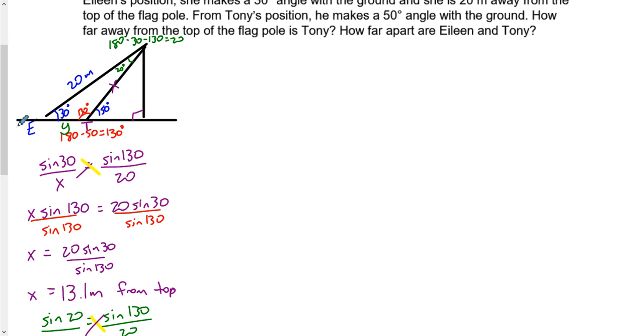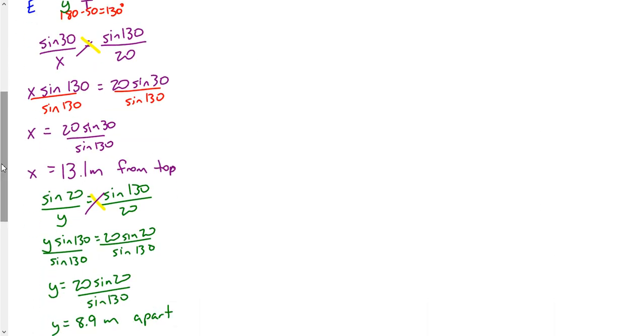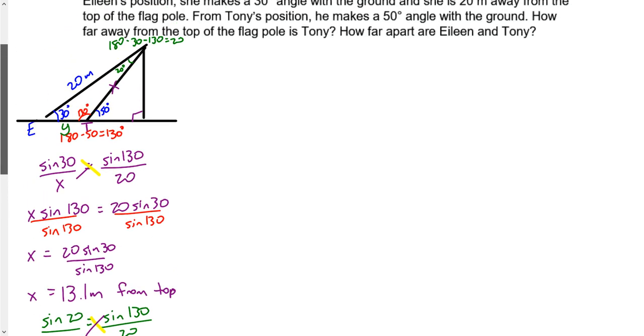So they're 8.9. So if Tony's 13.1 away and Eileen is 8.9 further than Tony, Eileen would have to be 22 meters away from the flagpole. Fantastic.